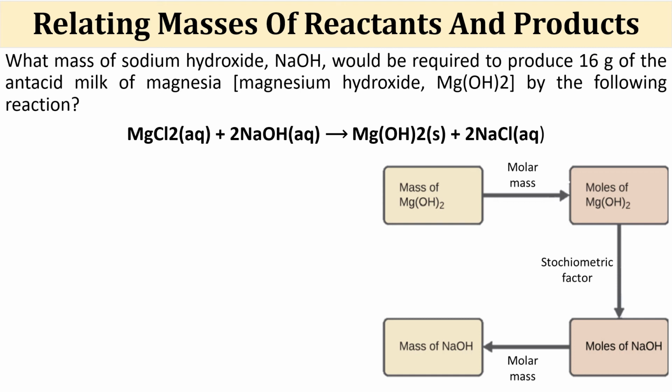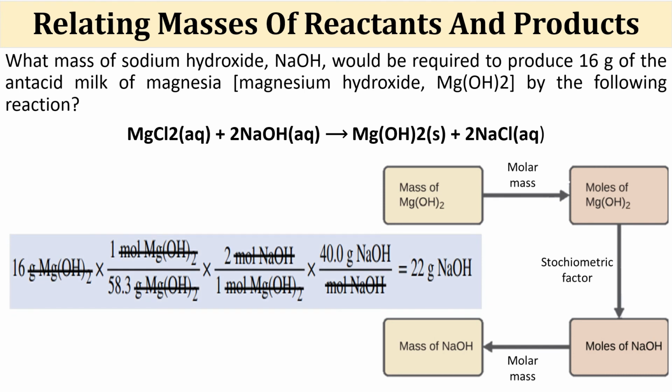Then we times it with the molar mass of sodium hydroxide, which is 40 grams NaOH over the mole of NaOH, which will give you 22 grams of sodium hydroxide. So 16 times 1 over 58.3 times 2 over 1 times 40.0 grams over 1 equals 22 grams of sodium hydroxide.